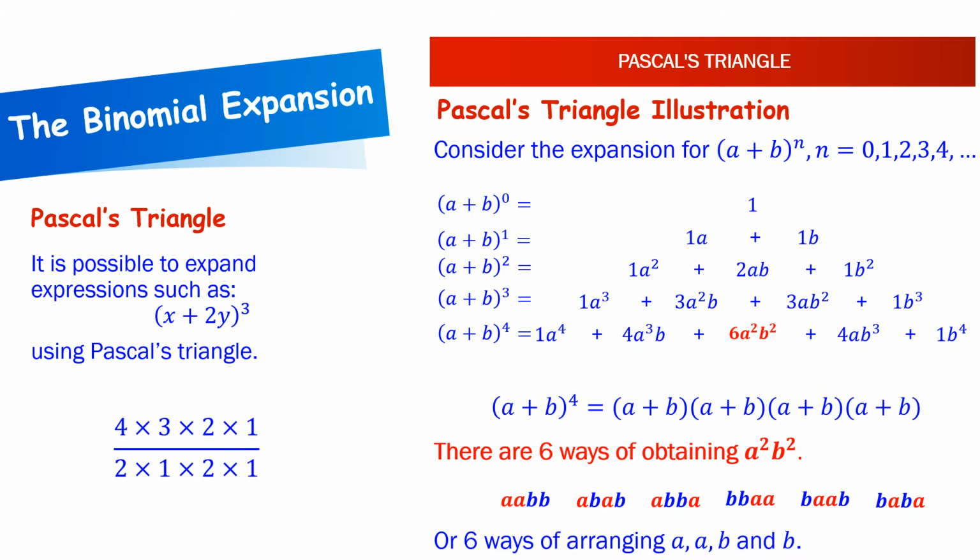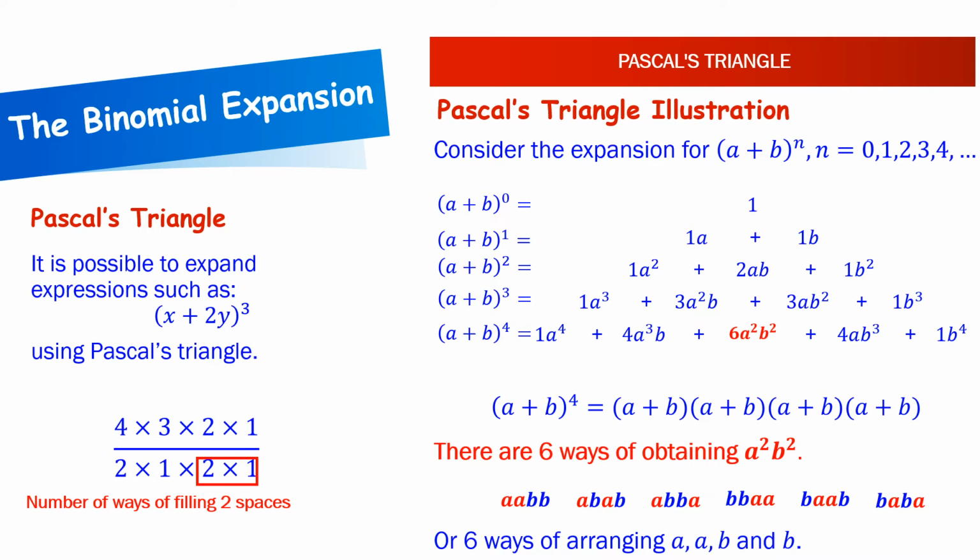Now let's have a look at the expression on the left-hand side of the screen again. How could we have obtained this directly, rather than expanding these brackets? The number of ways of arranging 4 different objects is 4 times 3 times 2 times 1. But we have 2 A's and 2 B's that we're arranging. And of course, the number of ways of filling 2 spaces is 2 times 1.